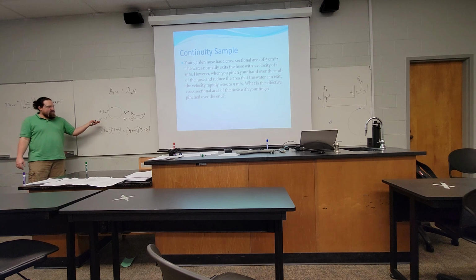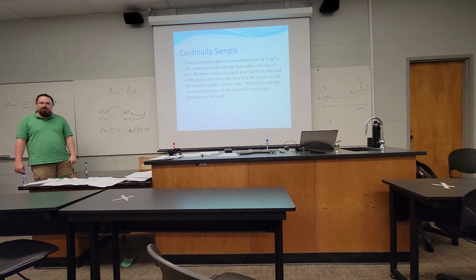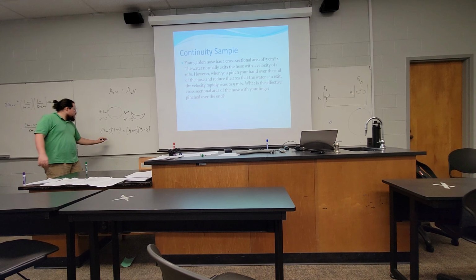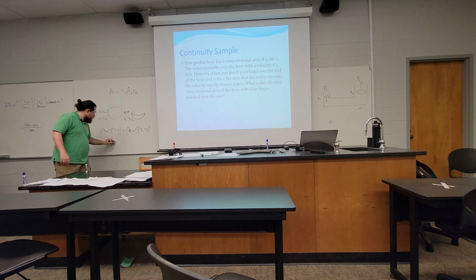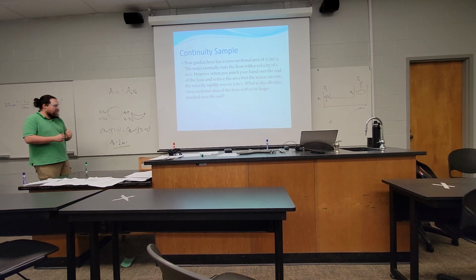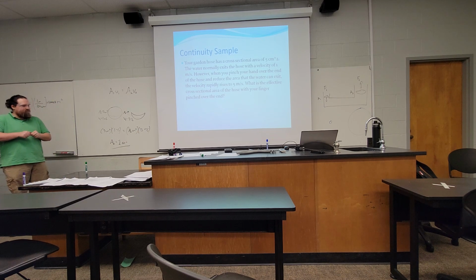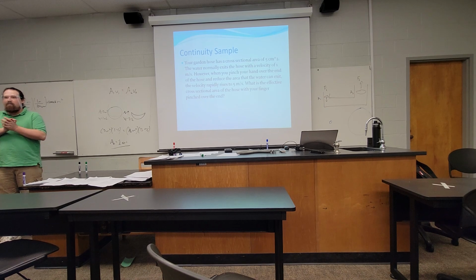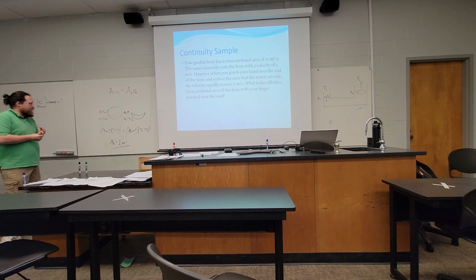So 5 times 1 equals blank times 5. What's our final surface area? 1. Not a trick. We've reduced the cross-sectional area down to 1/5, and as a result, the water comes out 5 times as fast. Nice, straightforward multiplication for once.